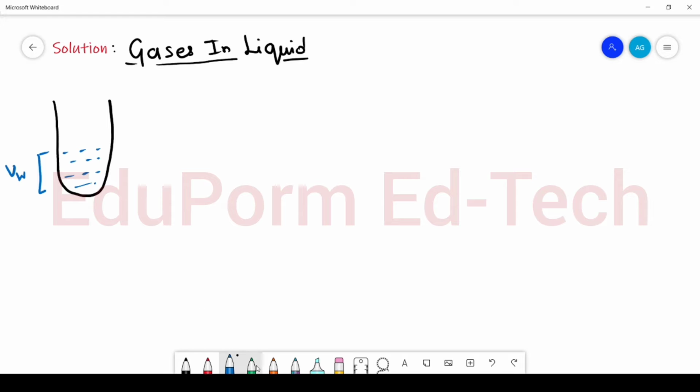In this system, above water, hydrogen chloride gas, that means HCl gas, is present. And above HCl gas, there is a piston. This is W1, the weight of the piston, and this is W2, the weight applied on the piston.